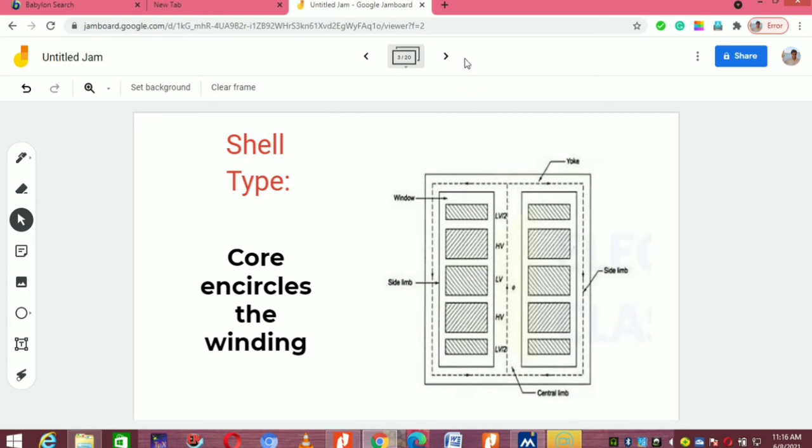This yoke is supporting the winding mechanically. Upwards the mechanical forces may operate, but even then there is a mechanical support. So the shell type transformer is mechanically strong, and it may not get damaged as much as the core type transformer because of these mechanical forces.